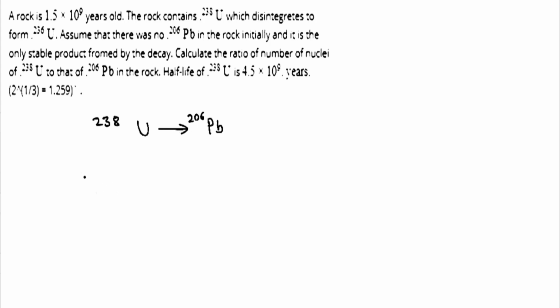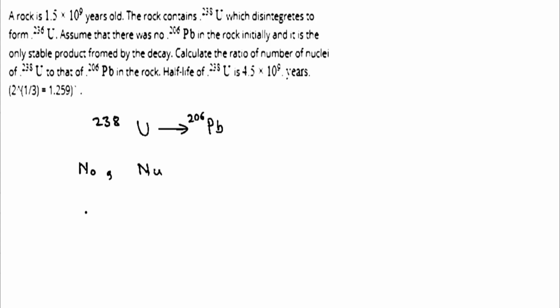Clear? Now let us consider N naught is the initial number of atoms and N is the number of atoms after some time t. Now we can find the ratio N divided by N naught.